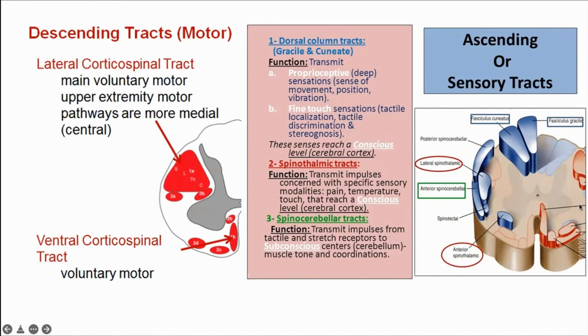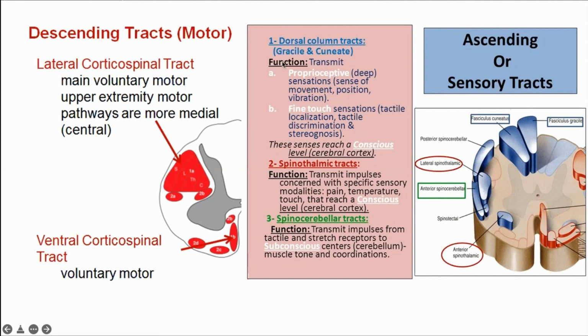For example, among the descending tracts, the lateral corticospinal is the tract for voluntary motor function in the upper limbs, so the upper extremities. The ventral corticospinal tract is also very important for voluntary muscles. In terms of the sensory, this is just showing what I've said before.